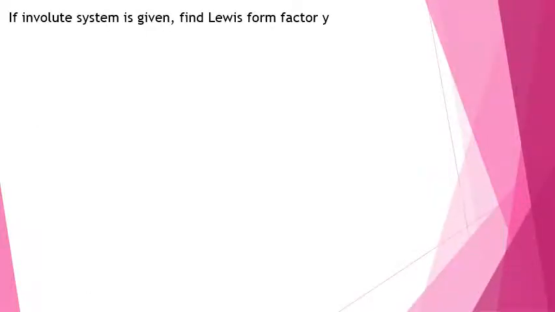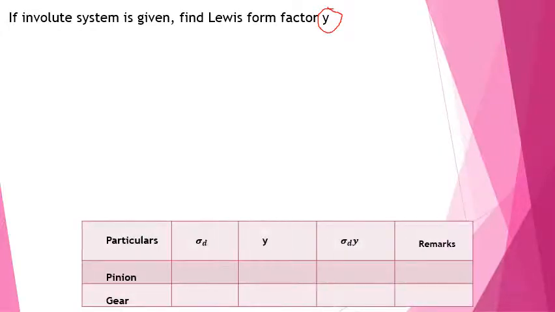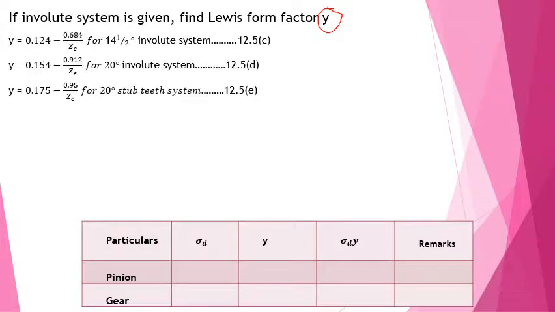In order to find the strength factor, we need to find the Lewis form factor, small y, which depends upon the type of the tooth profile and the formative number of teeth.